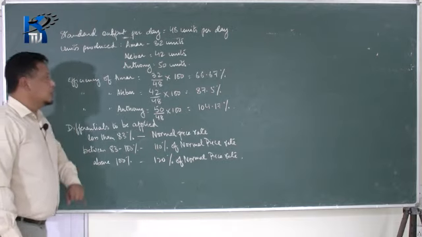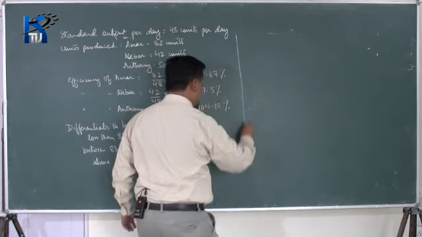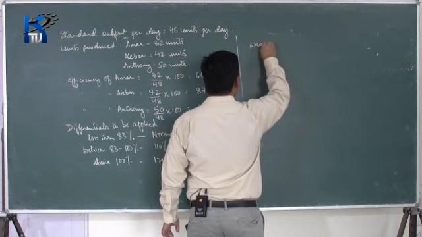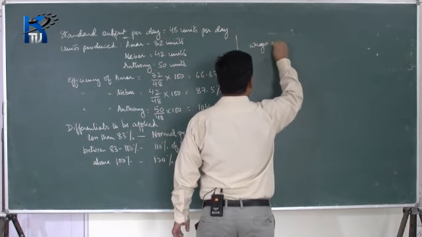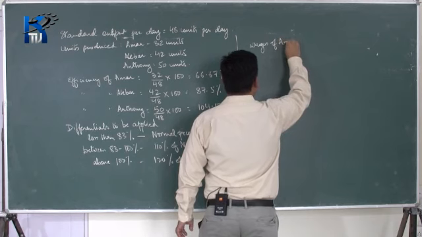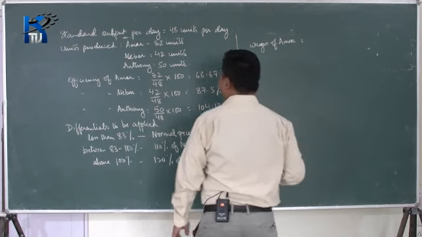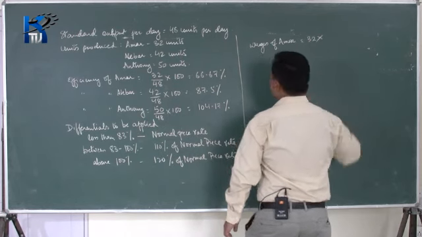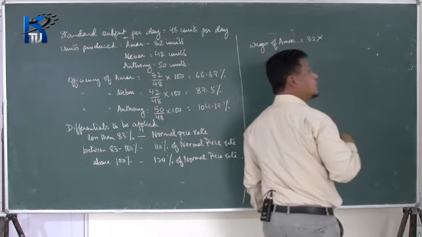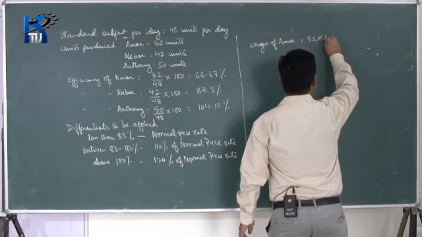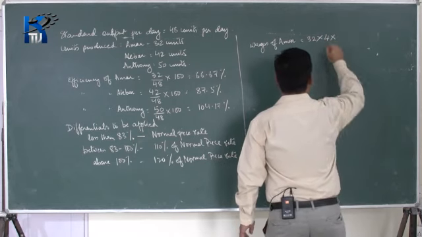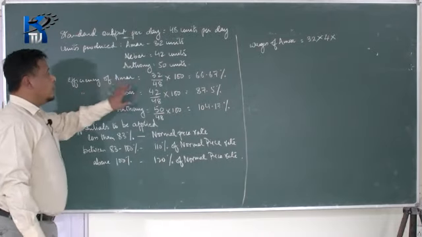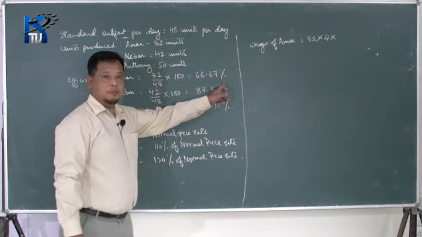So according to these differentials, the wages of Amar. Amar has produced 32 units, into the normal rate, which is rupees 4 as provided in the question. The efficiency of Amar is 66.67%.